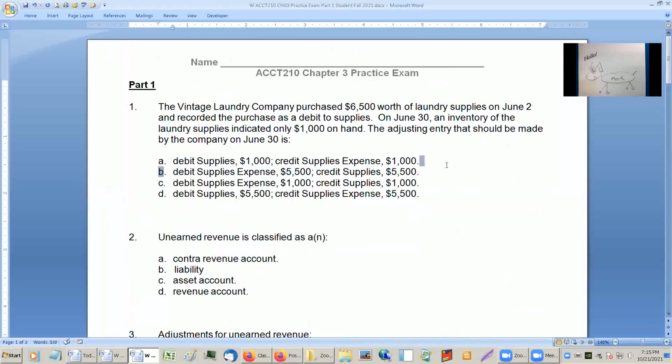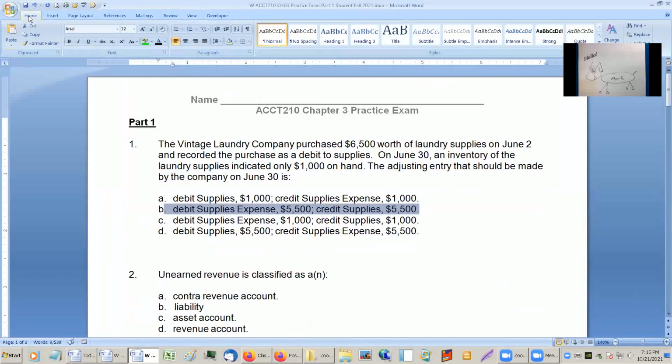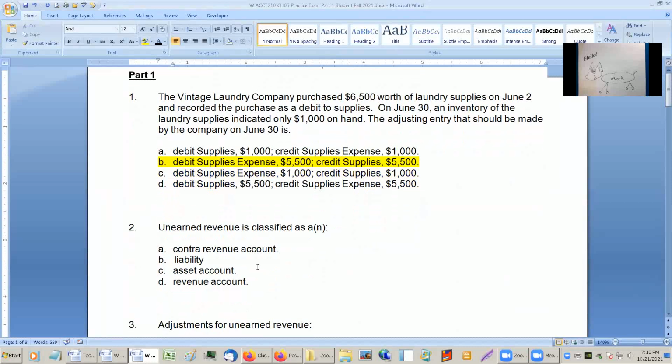B is correct. So far, so good. Number 2, B, is the weird one that's liability. It's a strange name for an account. It's not because it says revenue, but it's really not a revenue at all.